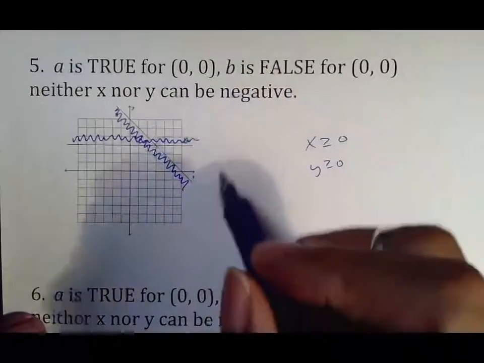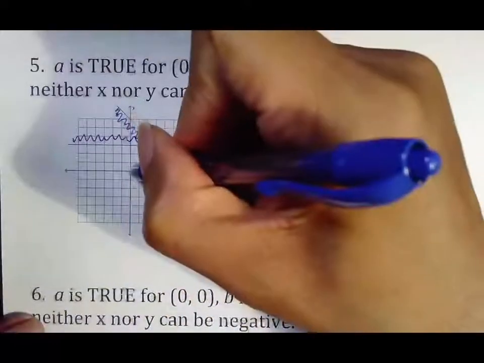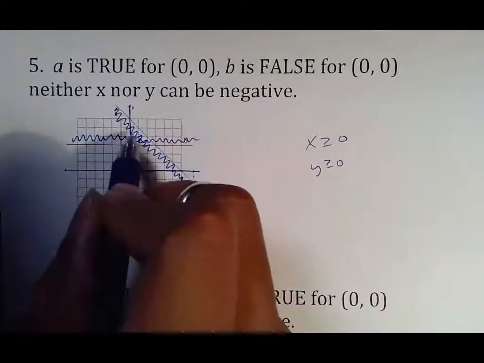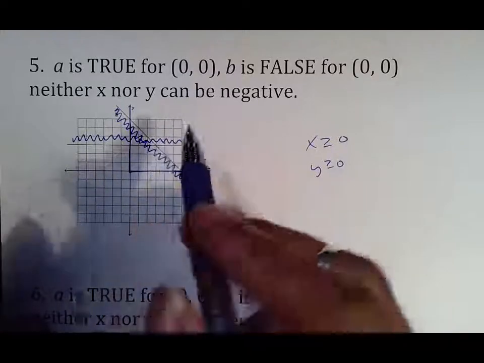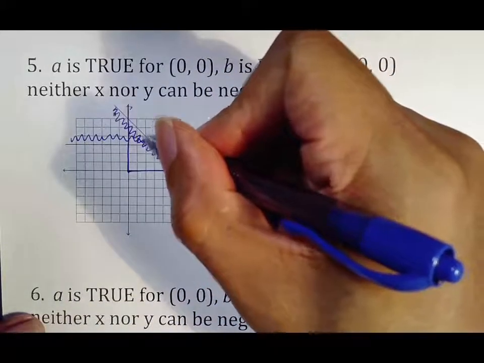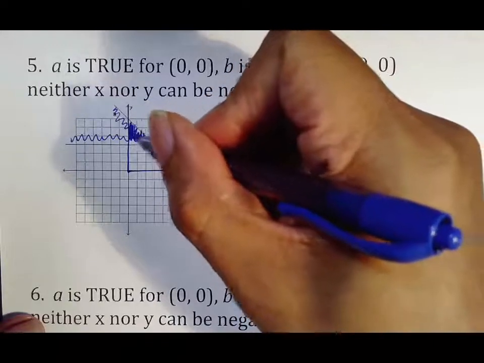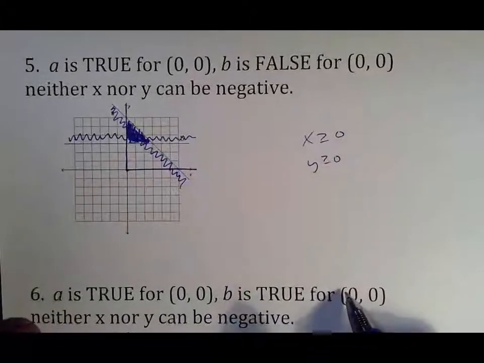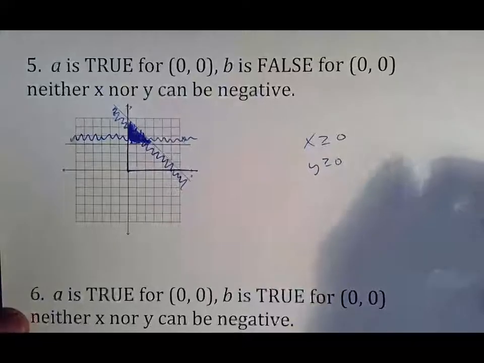And then, as they say, X and Y can't be negative, which means we want everything above this line and everything to the right of that line, which means, again, you're looking at, has to be in this quadrant, and it has to fit, which to me means we're looking at this section here, but we stop at the y-axis because, again, y can't be negative, so that would be the triangle that you create based off of that. Okay, so again, with all that said, that's pretty much what you're looking at doing there.